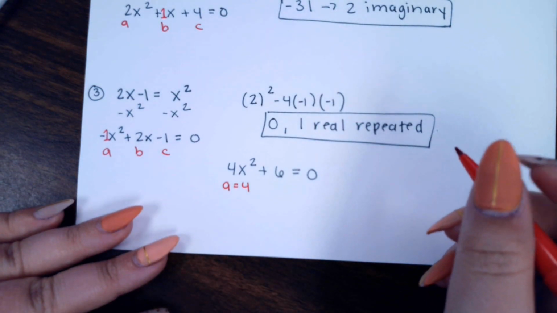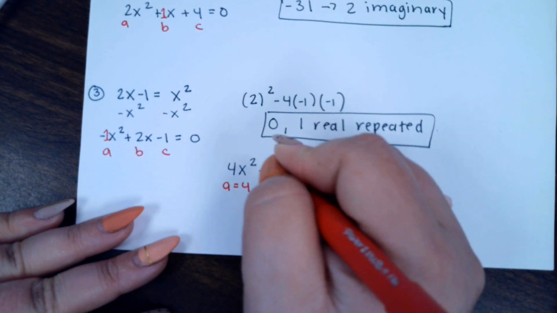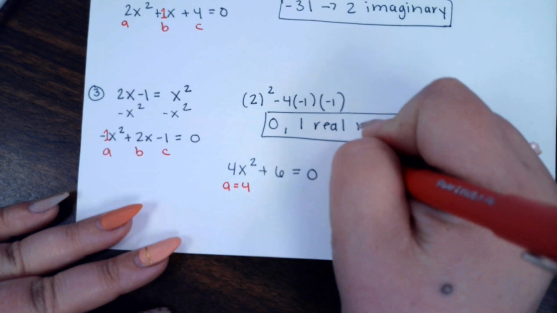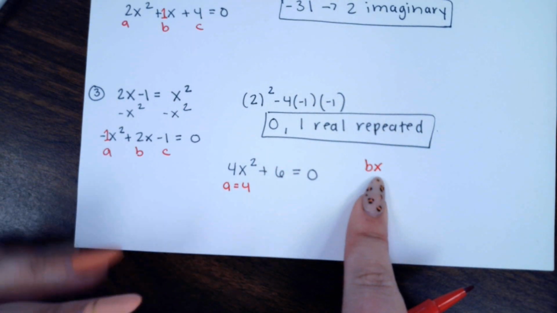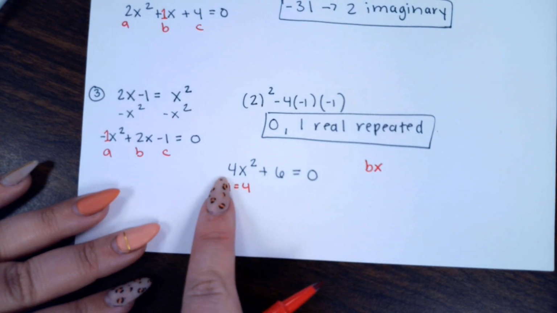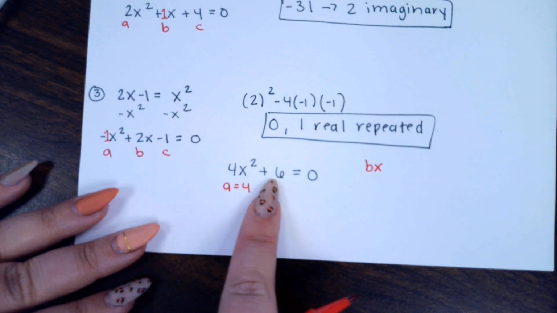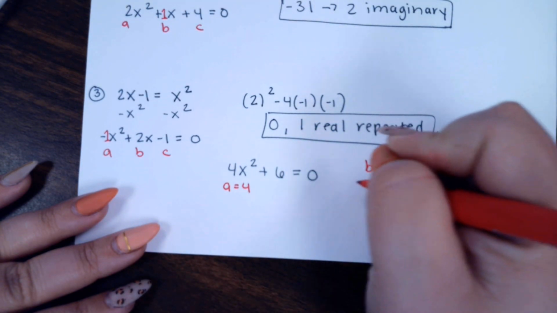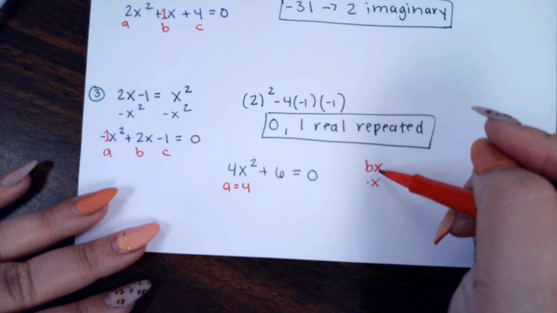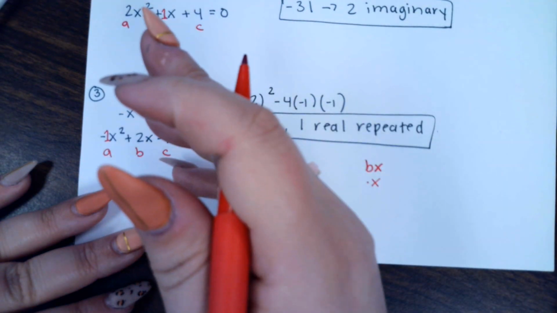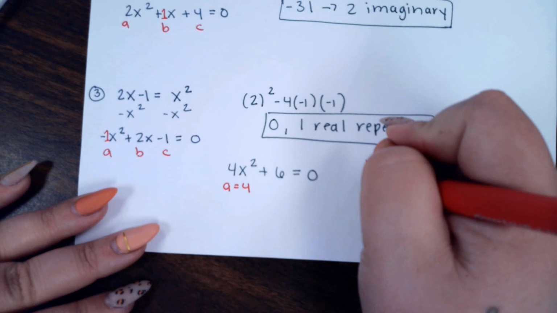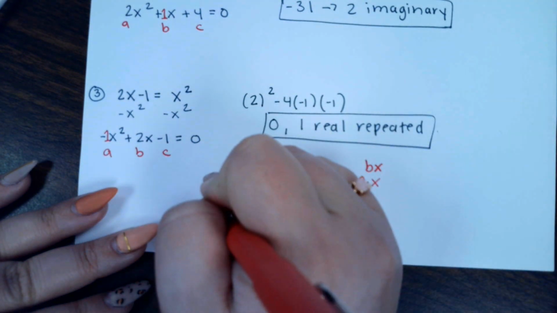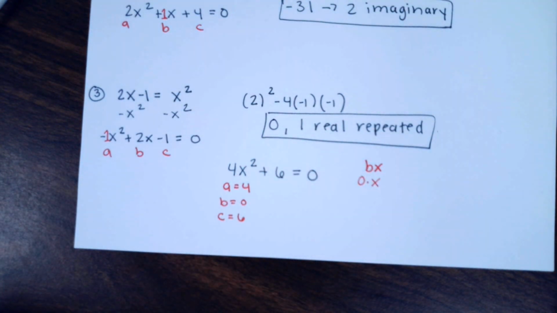Our b value, now, we might be tempted to say that this is our b value, but our b value has an x or whatever variable attached to it, right? Do we have an x term here? We don't, right? So think, what number would I multiply by x so it would kind of disappear? Well, that's going to be 0, right? So in this case, our b value is 0, and 6 is going to be our c value.